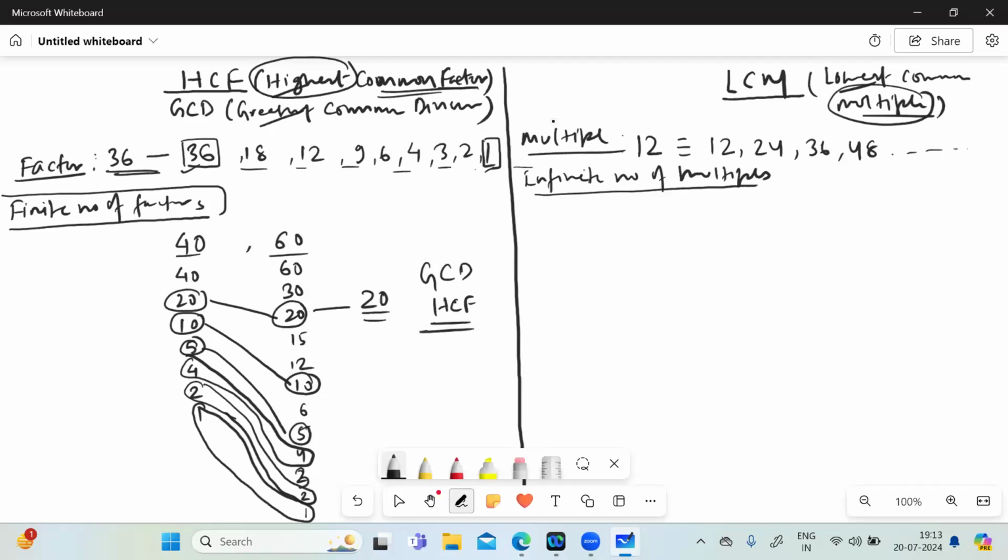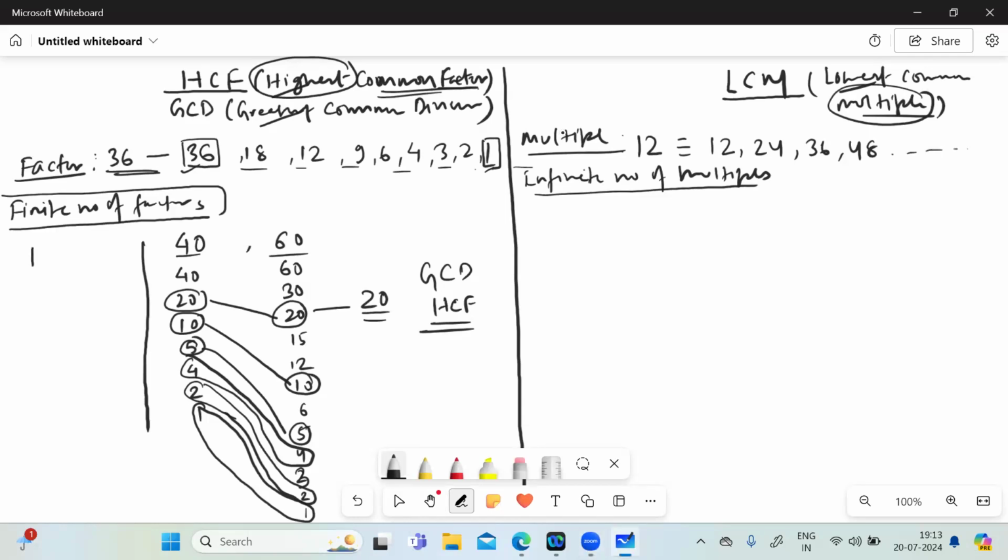Okay. So what we saw here is that for any set of numbers, there will be some common factors, and there may not be any common factor other than 1. When no other factors are in common, we will have 1.